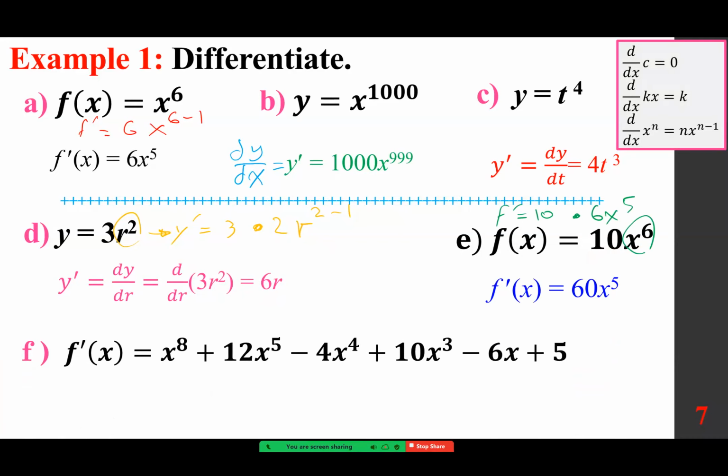Let's give everybody a quick moment to find the derivative of this expression. Given f of x, find f prime of x. f of x is x to the power of 8 plus 12x to the power of 5 minus 4x to the power of 4 plus 10x cubed minus 6x plus 5.